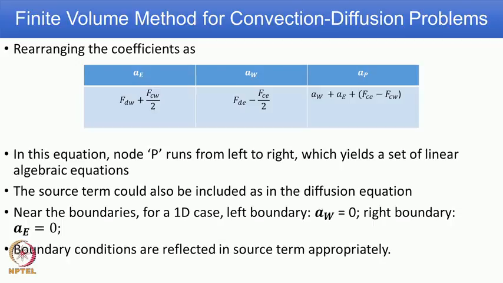Similarly, for the node near the right boundary there is no east node, hence coefficient AE goes to 0. This is something we had seen in the diffusion equation, and it does not change when you include the convection term. The boundary conditions are reflected in the source term appropriately. Again, we had seen this in the illustration used to explain the diffusion equation: the temperature term, which is enforced as a boundary condition, appears on the right side of the equation.